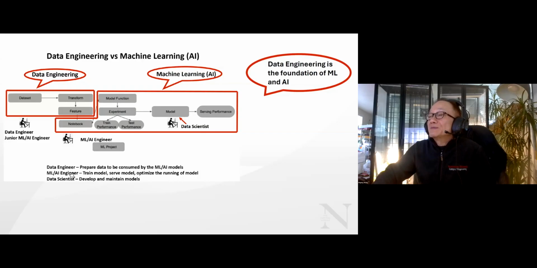A data engineer will be preparing the data to be consumed by the model. In industry, very often, some junior machine learning and AI engineers also do data engineering work. Then we have machine learning, AI engineers, who will run experiments, also optimize the running of the AI ML solution.